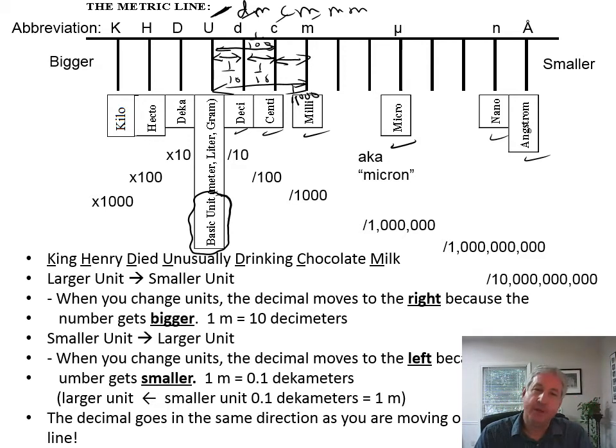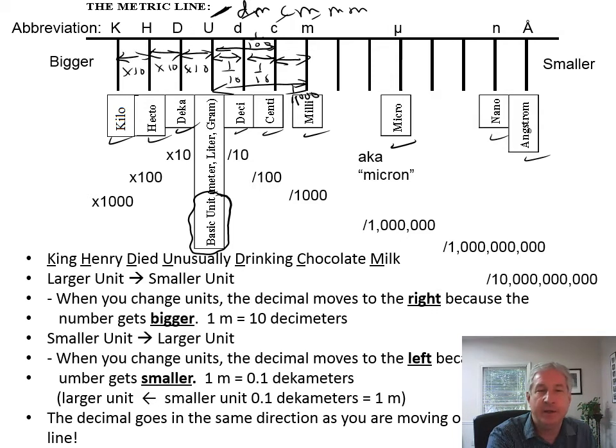Then on the other side, we have these units here. This is kilo, this is hecto and deca. From the unit to deca is times 10, from deca to hecto is also times 10, and from hecto to kilo is times 10.